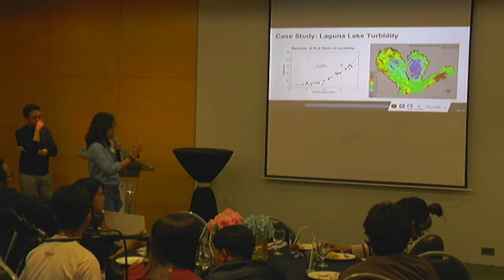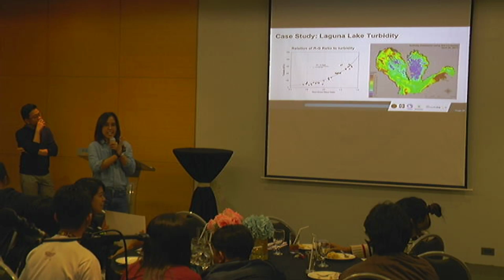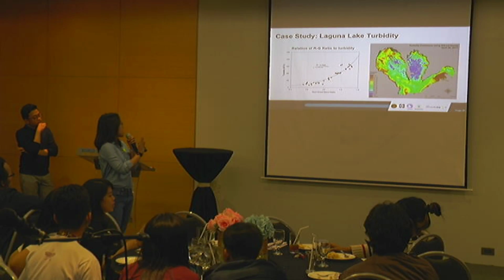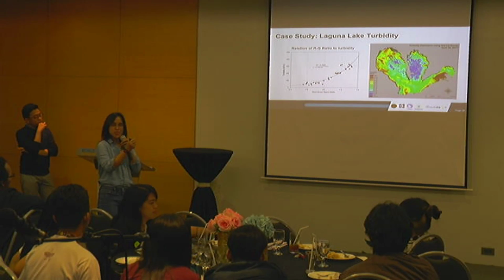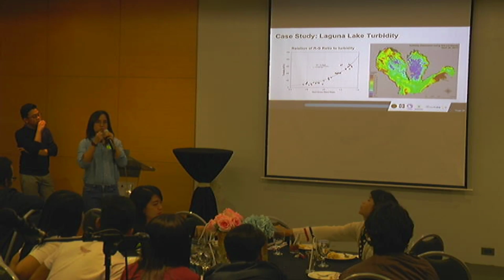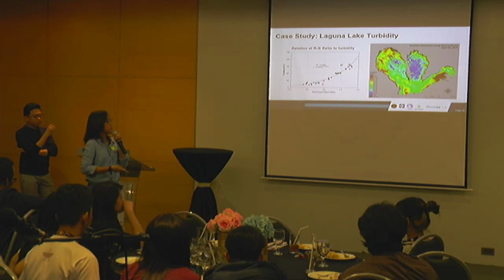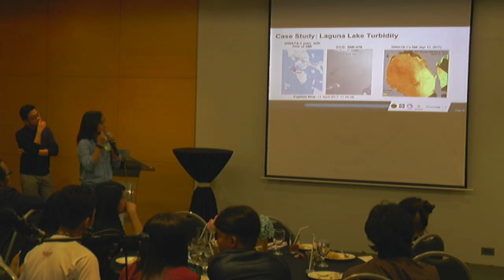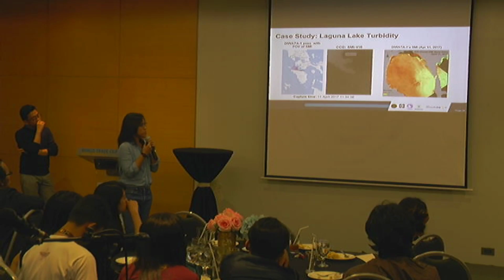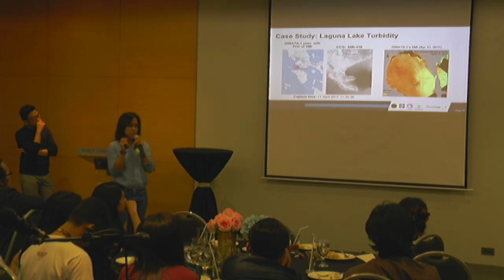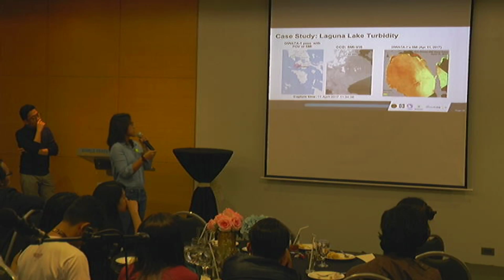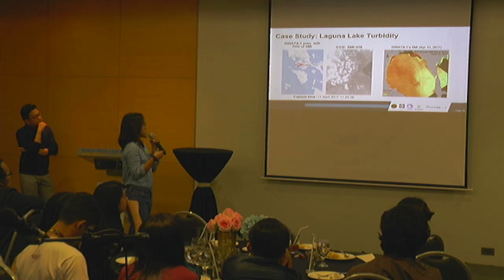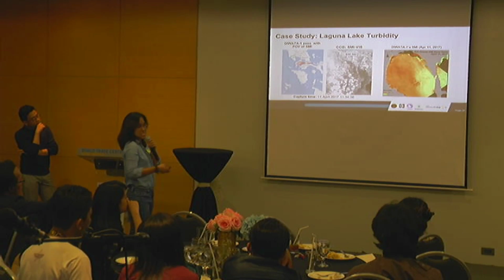Using that image of Landsat 8, we were able to get a relationship of turbidity to the satellite image. Now, using that relationship, we were able to also get an estimate of turbidity in Laguna Lake using Diwata 1's images taken April 11, 2017. So that's last year.